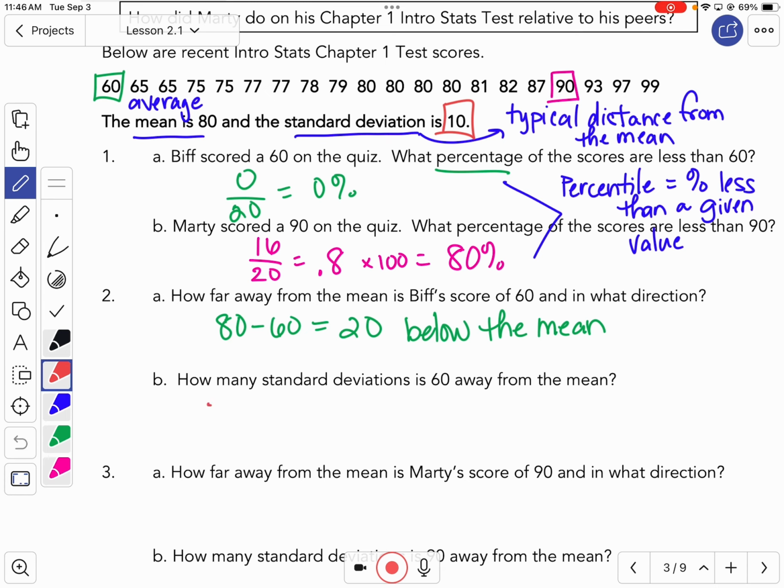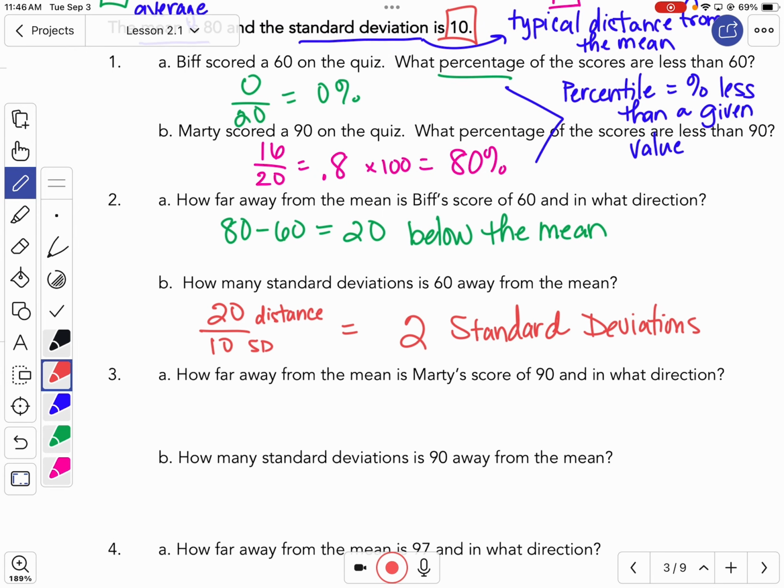We take our 20, which was our distance, and divide it by our standard deviation, and we get 2 standard deviations. So he was 20 below the mean.